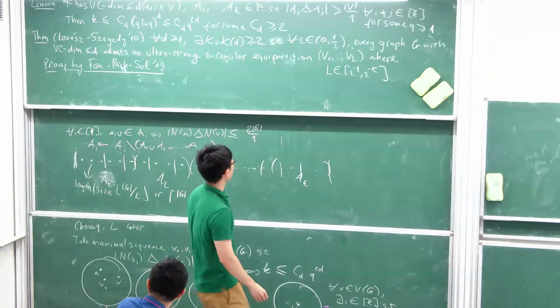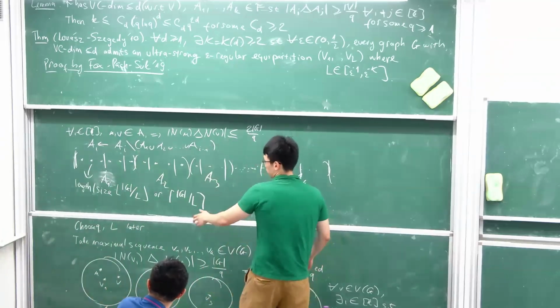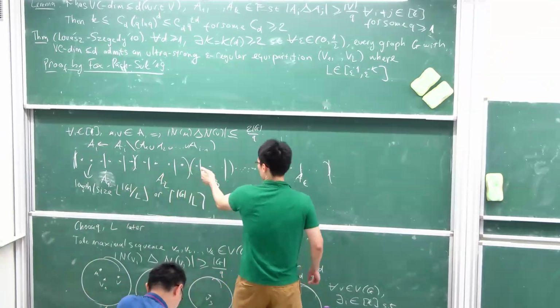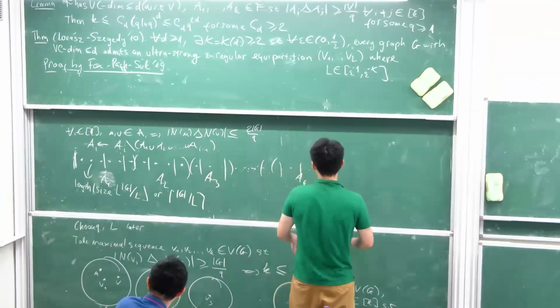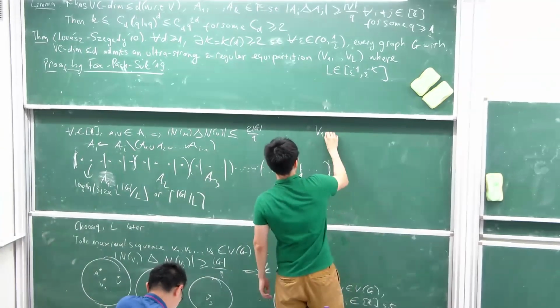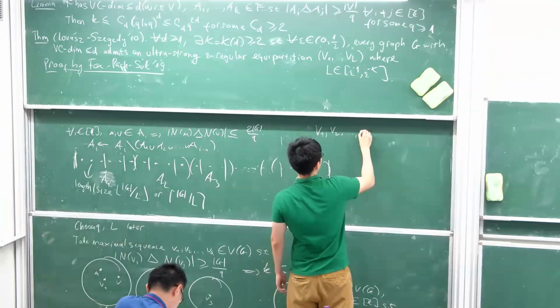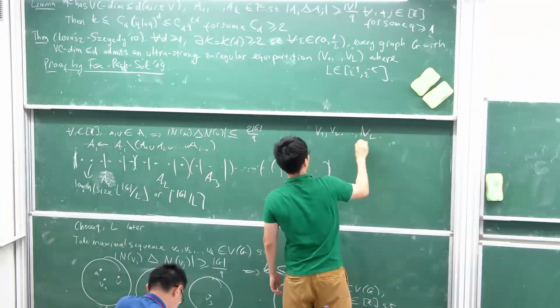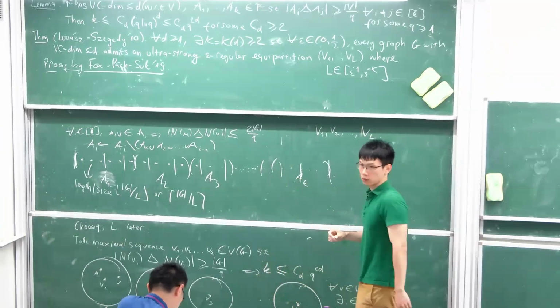So let me say these subsequences are B1, B2 to BL. Does that make sense?